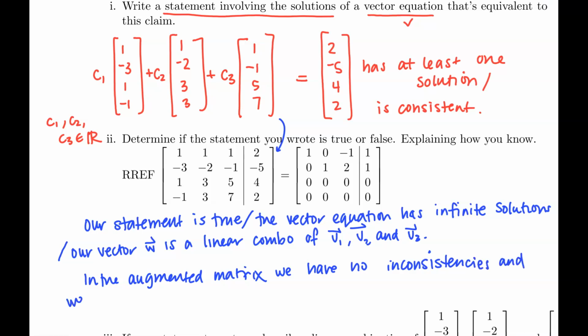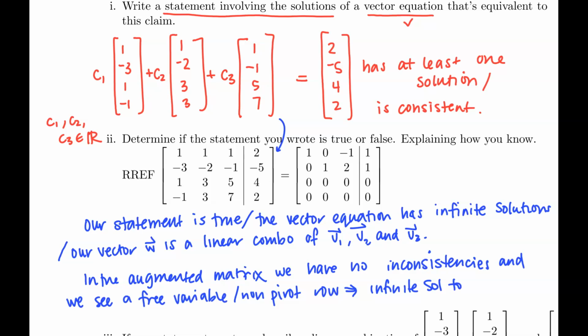And we see a free variable slash non-pivot row, which leads us to see that there are infinite solutions to the vector equation.